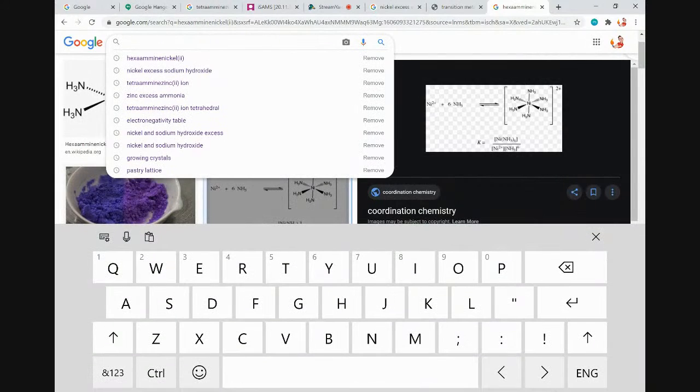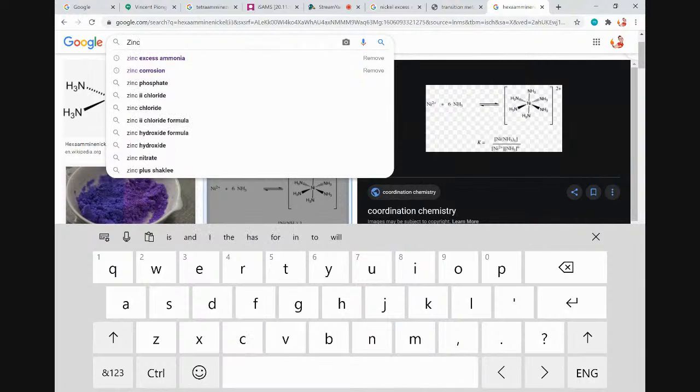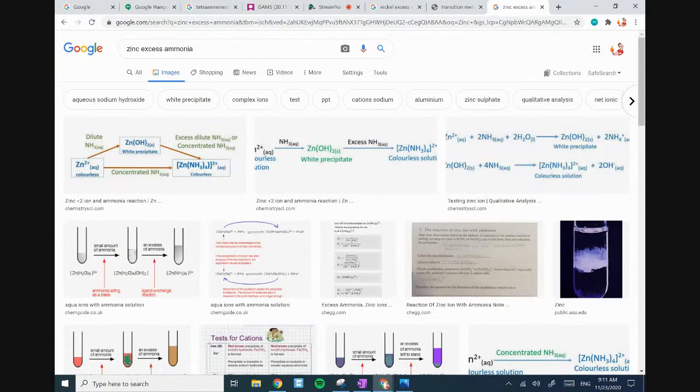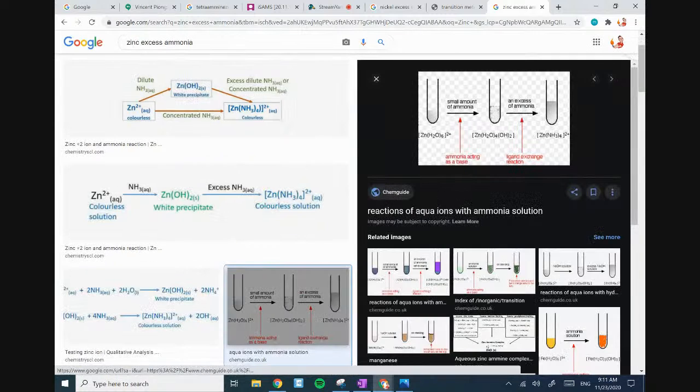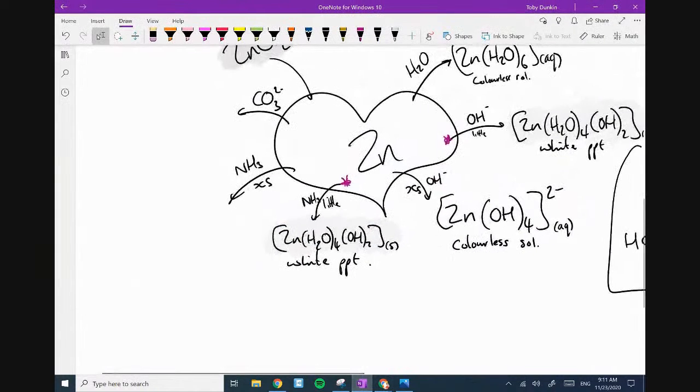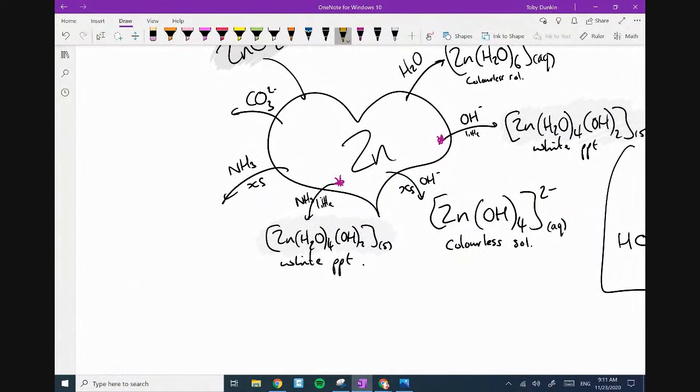So let's now go zinc, excess ammonia. There we go. So it's an oddity, but the great thing is that the oddity is in the 2 excesses, and there is huge value in that. You learn one anomaly, and then go, oh, zinc does the same thing with the ammonia ligand.